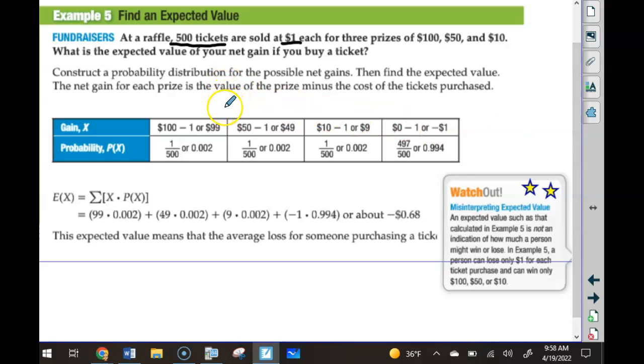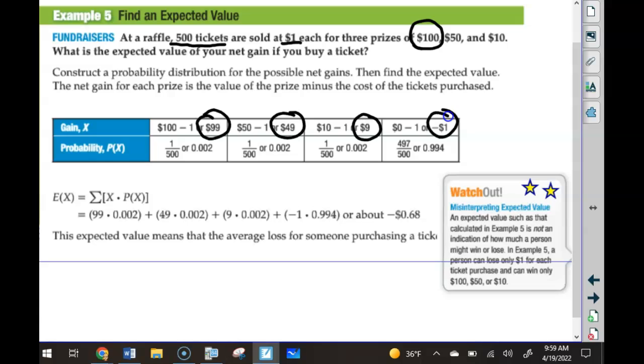So the trick to this question for most students is realizing that everybody's invested. Even if you win $100, did you really win $100? No, because you bought a ticket for $1. So the winner of the $100 really only won $99. The winner of a $50 prize really only won $49. Everybody with me here? The winner of the $10 prize won $9, and everybody else lost $1.